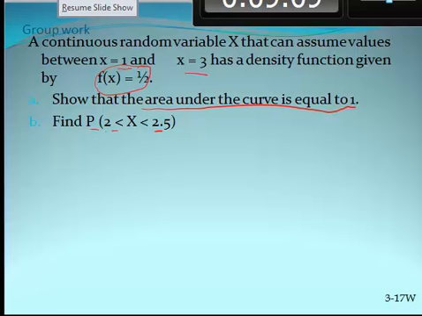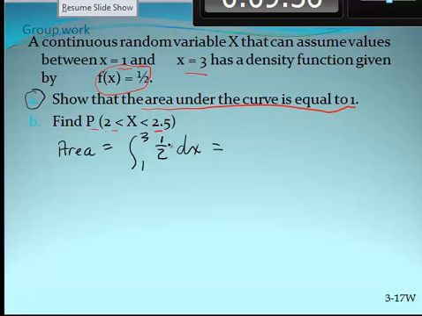Working this problem, for A, show that the area under the curve is equal to 1. The area is equal to the integral from 1 to 3 of 1/2 dx.